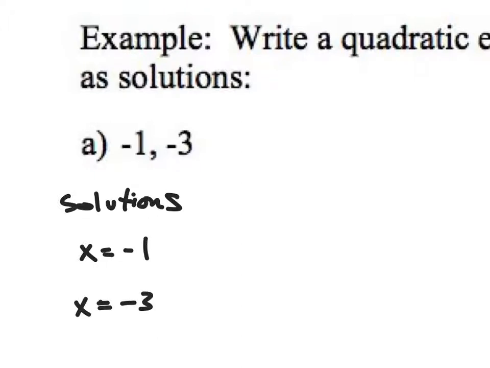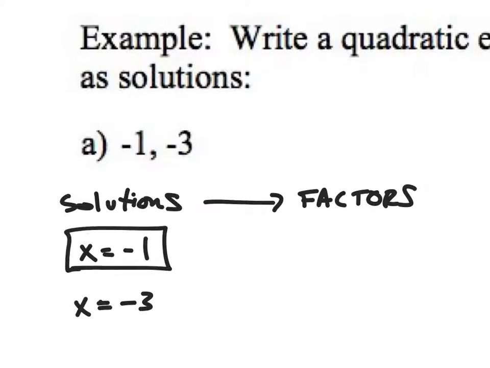Now, when I have solutions, what I want to do is turn those into factors. If x is equal to -1, then I want to set that equal to 0. So I would take x equals -1 and add 1 to both sides, and I get that x plus 1 is equal to 0.